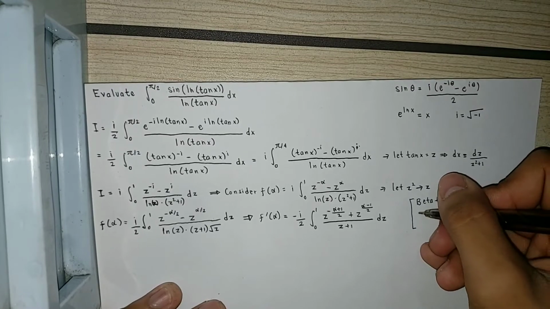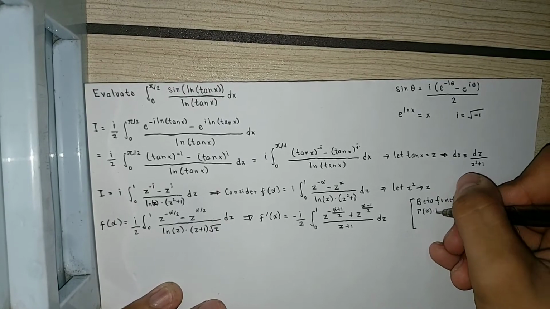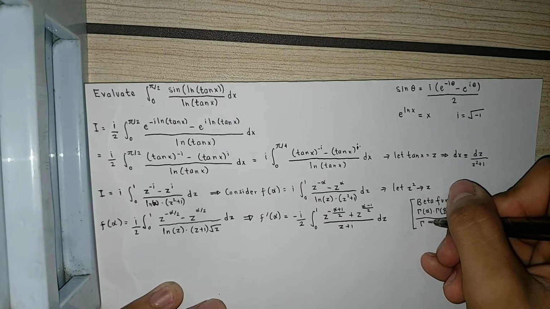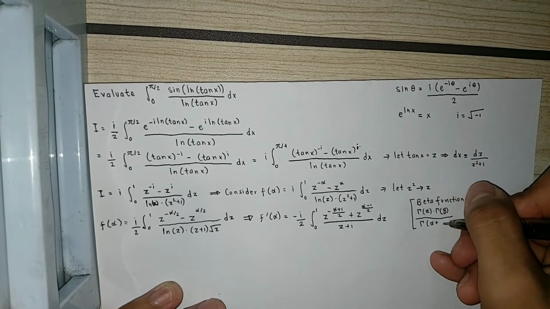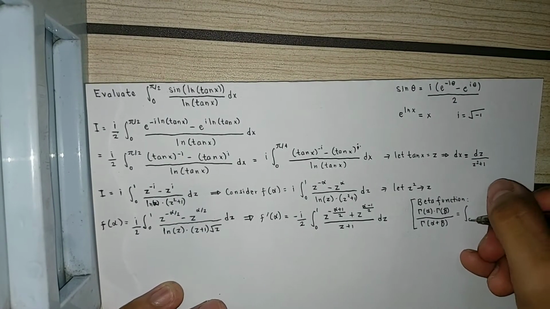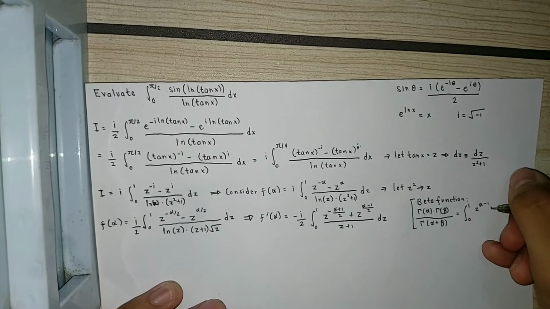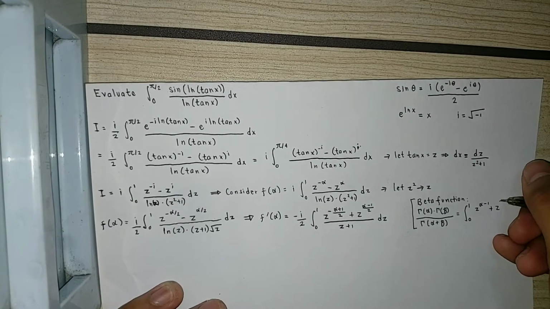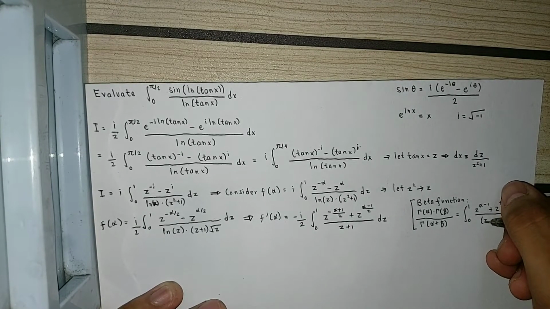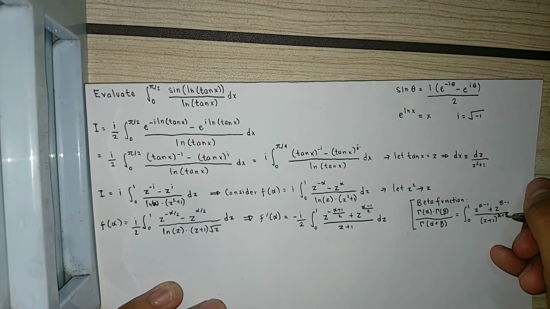So according to the beta function, we have Gamma(alpha) times Gamma(beta) over Gamma(alpha plus beta) is equal to the integral from 0 to 1 of (z^(alpha minus 1) plus z^(beta minus 1)) over (z plus 1)^(alpha plus beta) dz.